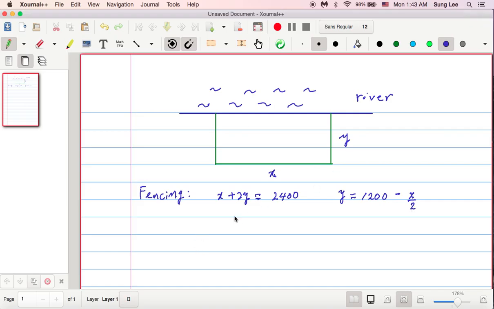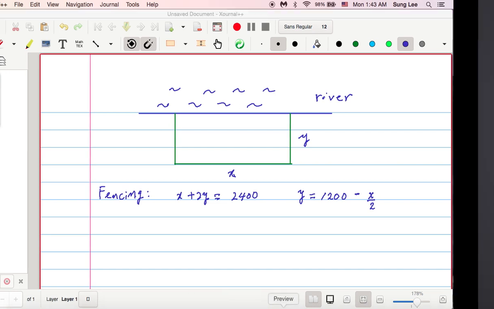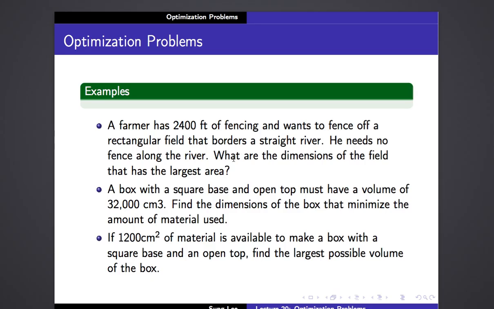All right, and what is the question? Again, let's go back. The question is, what are the dimensions of the field that has the largest area? So here, largest area means that we are maximizing the area. Keep that in mind.